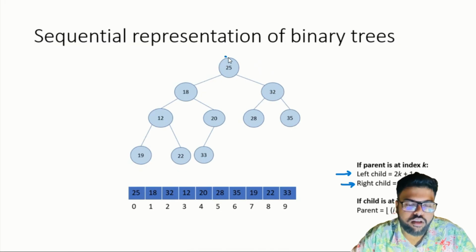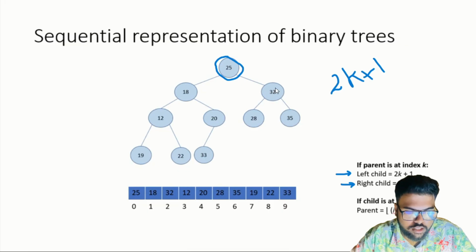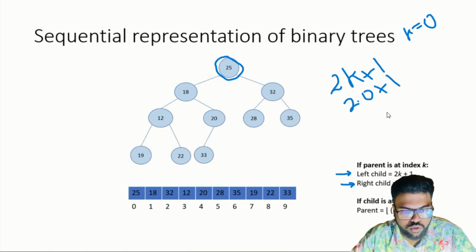Okay, let's see. For example, this 25 node. Now we can find the 25 left child node index. The left child equation is 2k plus 1, where k means the parent node index. The index number of 25 is 0. So 2k plus 1 equals 1.